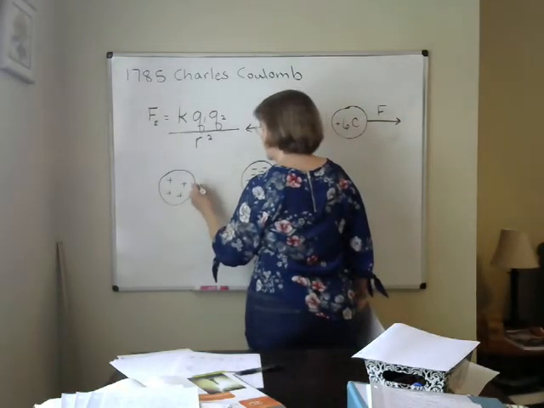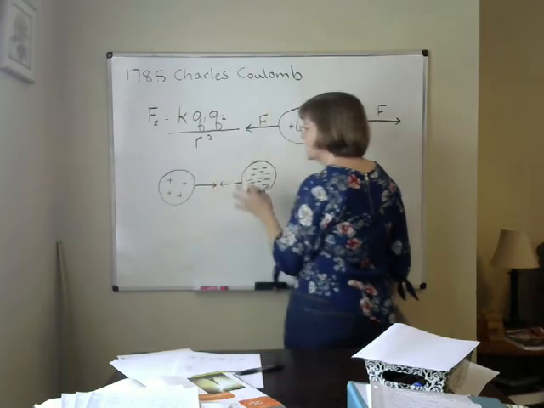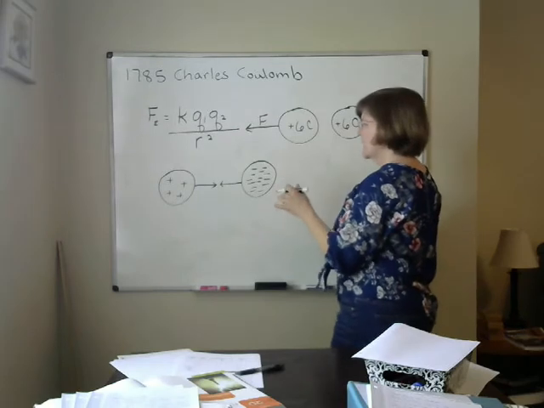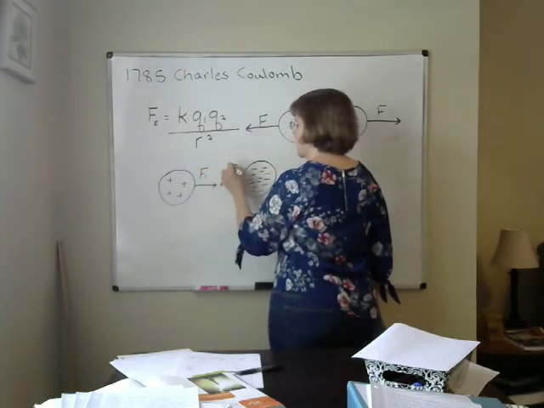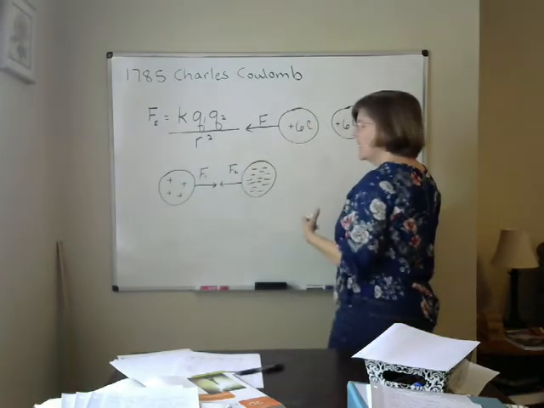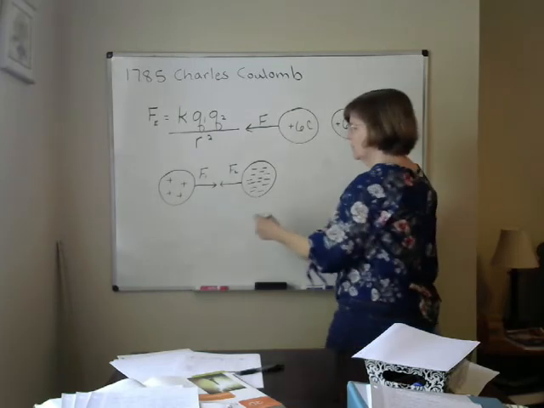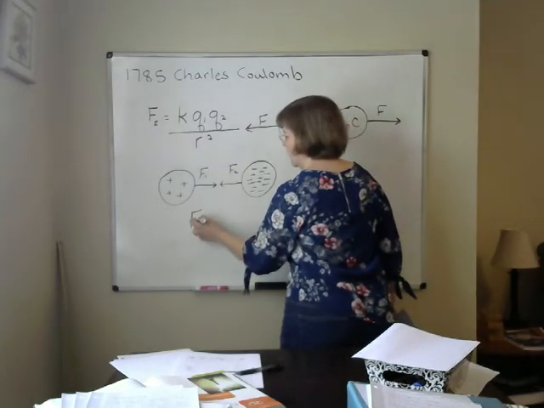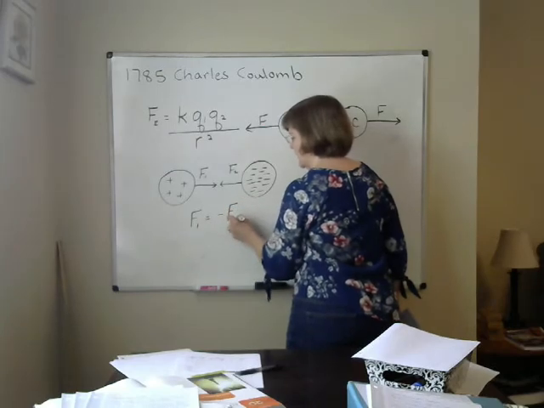And the degree of attraction is going to be exactly the same. If this is the force on the first charge and this is the force on the second charge, what we find is those forces are equal even though in the opposite direction. The force on the one is equal to the opposite of the force on the second.